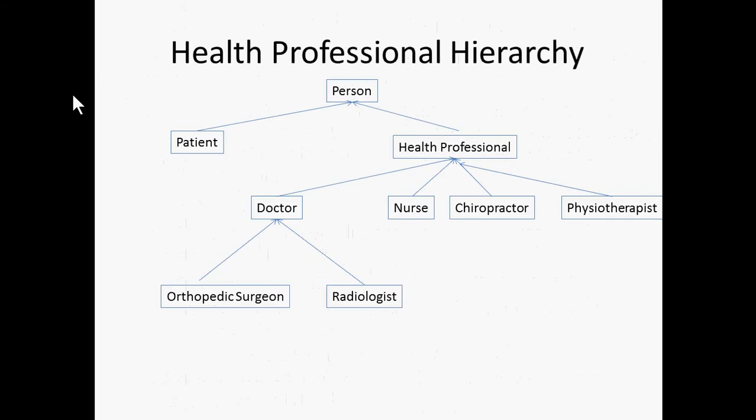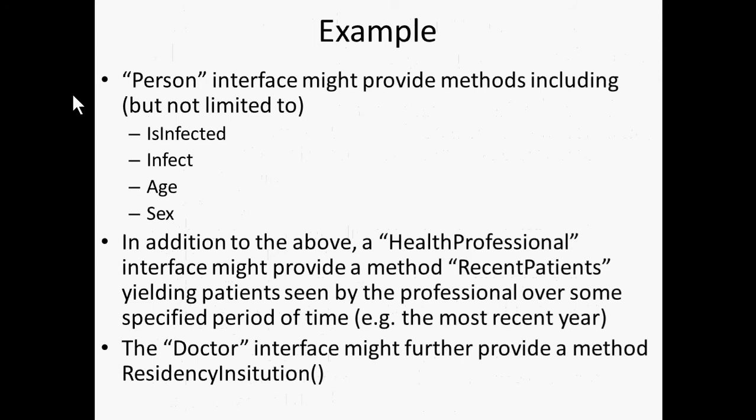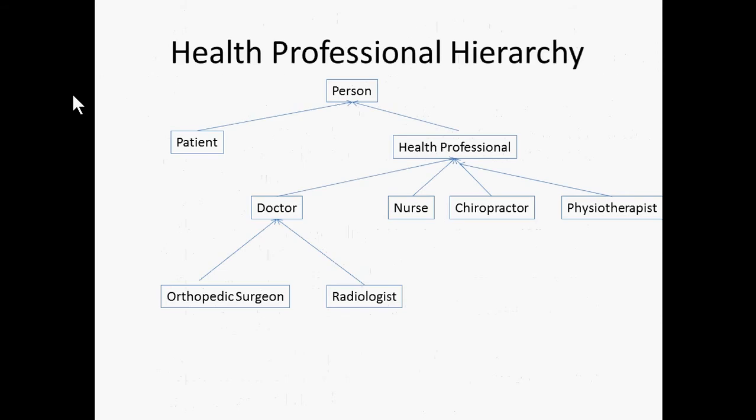For example, they have an age, they have a name, they have sex, they have an ethnicity, etc. But as you go down the hierarchy, there might be more and more specific things. Like all doctors have a residency location, and I guess all the health professionals have areas where they trained. They may have areas of specialization. Health professionals may additionally have patients with whom they're associated or what have you.